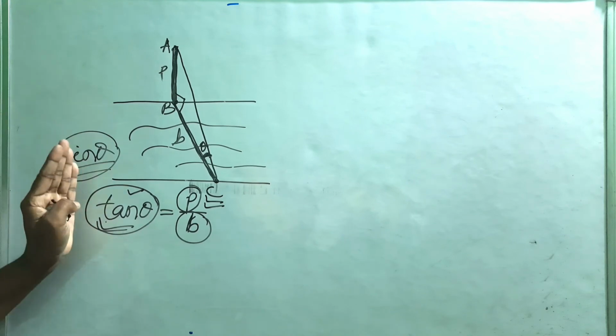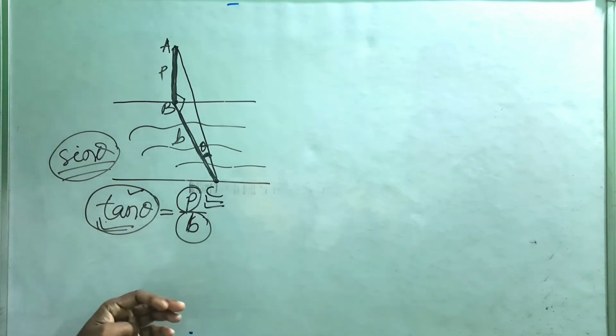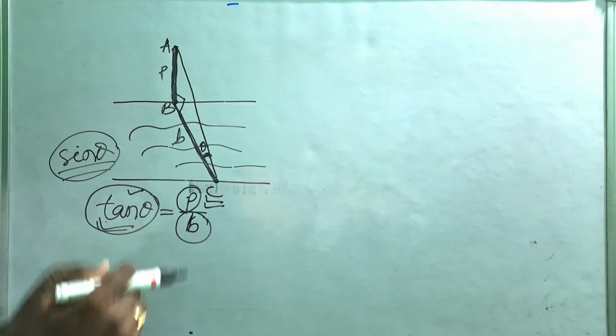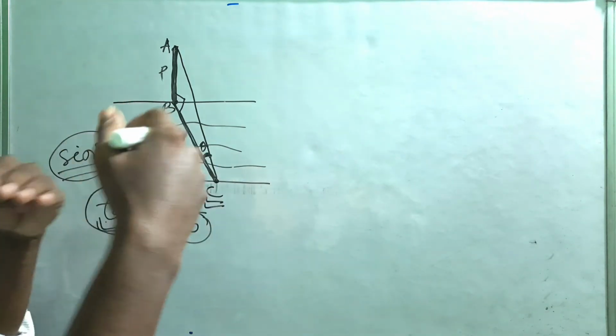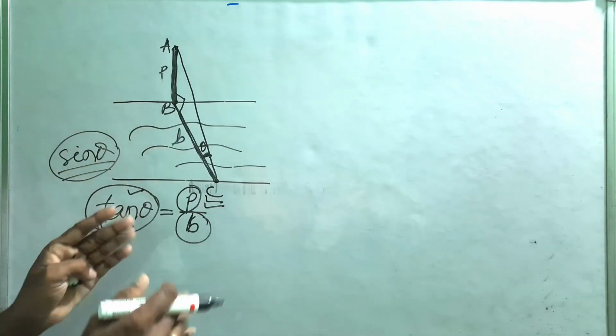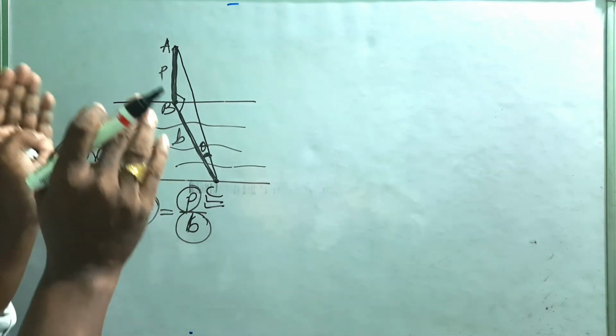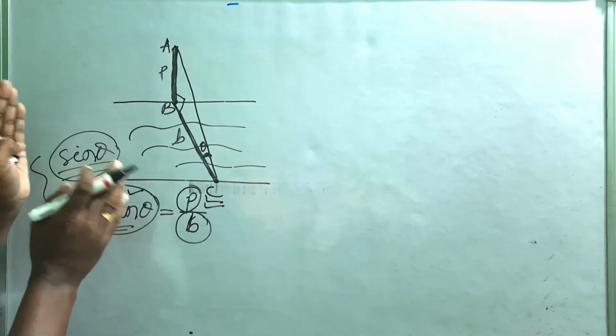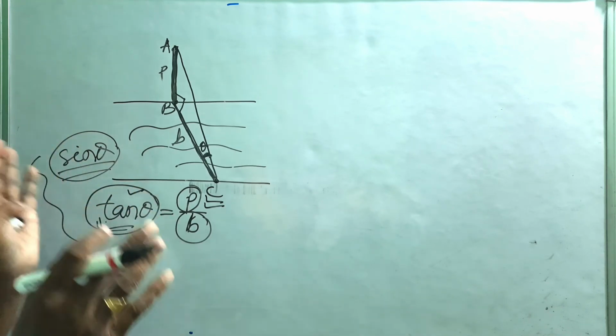So these trigonometric ratios have vast applications in many situations in our day-to-day life. Even astronomers use these trigonometric ratios to determine heights and distances. There is also a chapter in class 10 books, Heights and Distances, where you will find many applications of these trigonometric ratios.